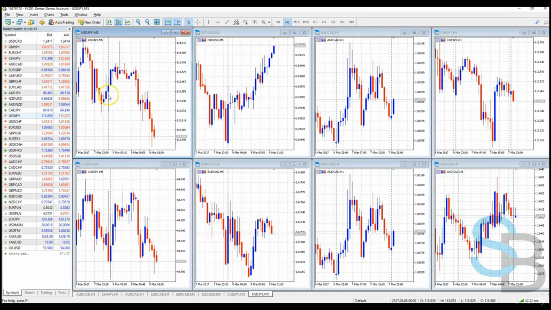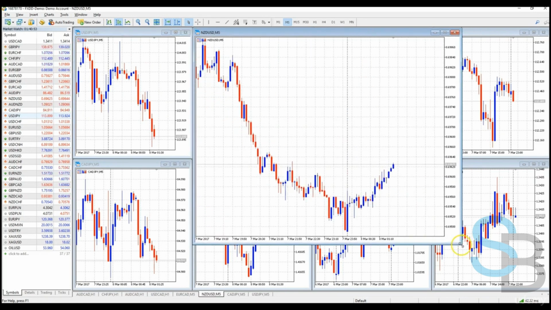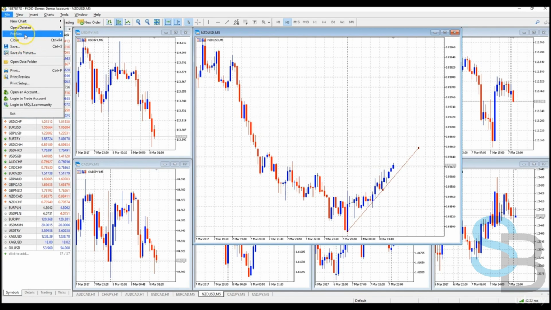Because on our default profile, we also would like to set up multiple templates. For example, if we're taking a look at New Zealand USD on a 5-minute, and say we were to draw in this trend line on New Zealand USD, after noticing the recent upswing with this particular pair, we might consider switching over to our New Zealand USD profile.